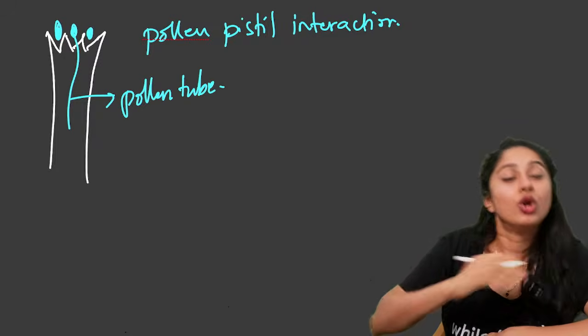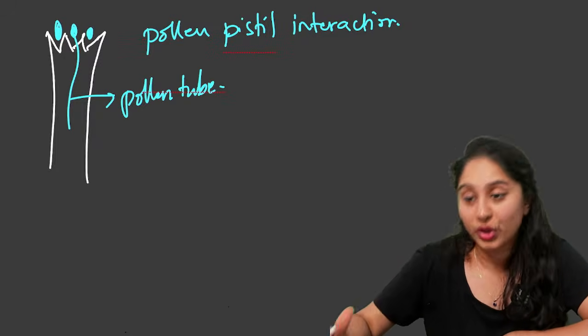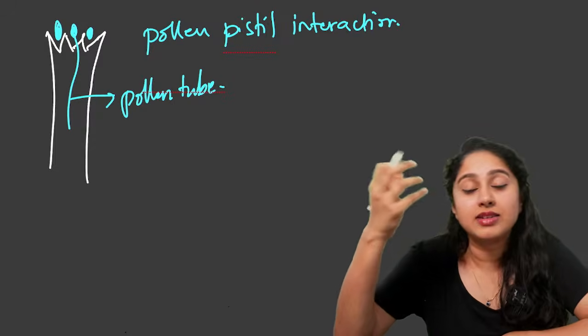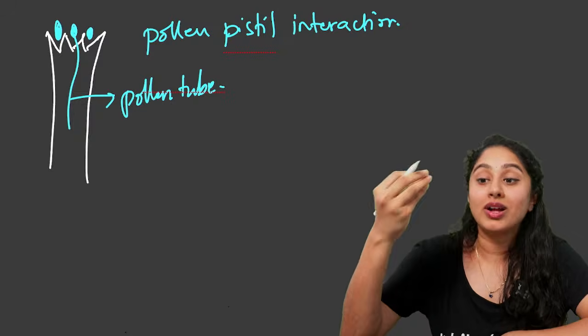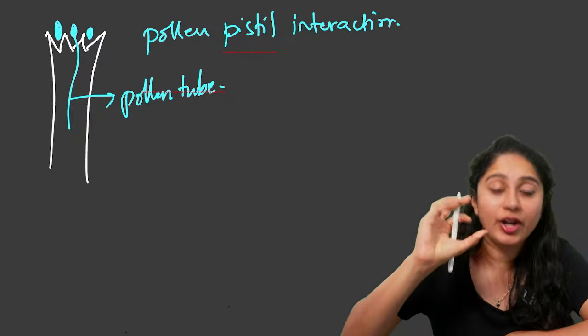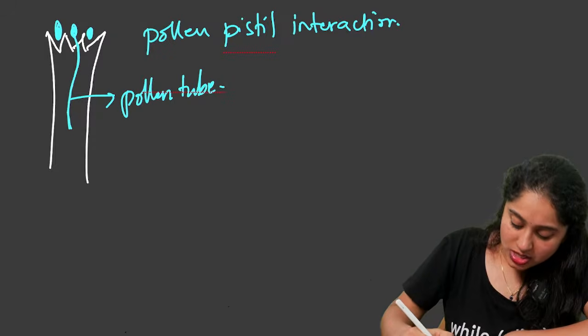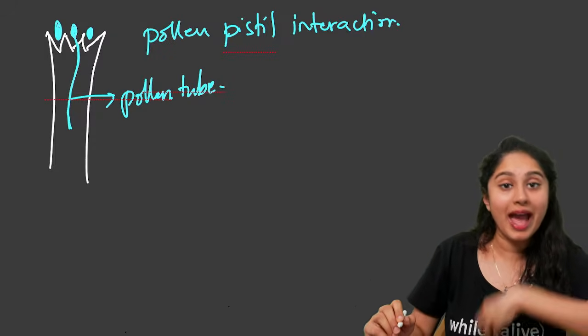Otherwise, it will not generate the pollen tube. Is that clear? So, through this pollen-pistil interaction, once the pollen grain is identified as compatible, the pistil accepts it, and the pollen tube grows and comes inside.